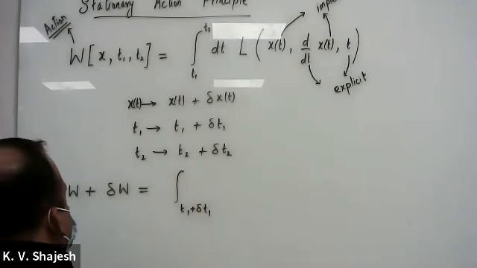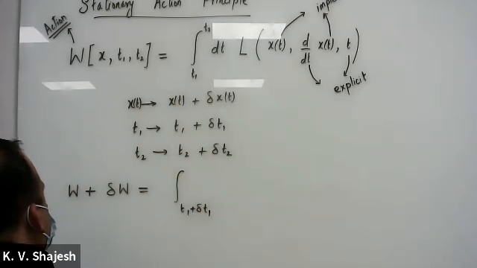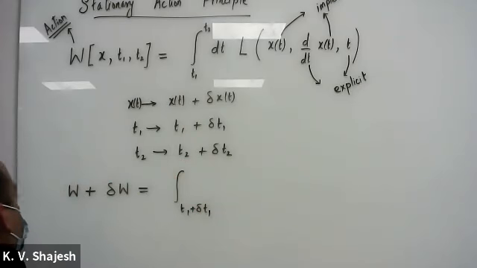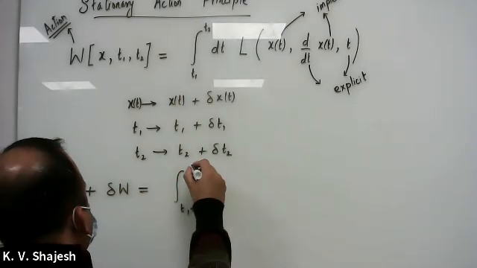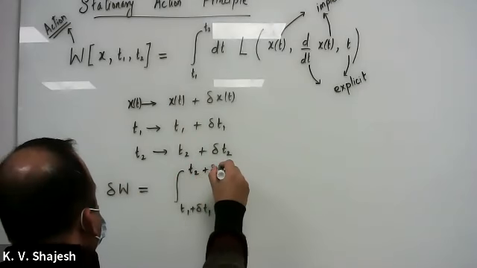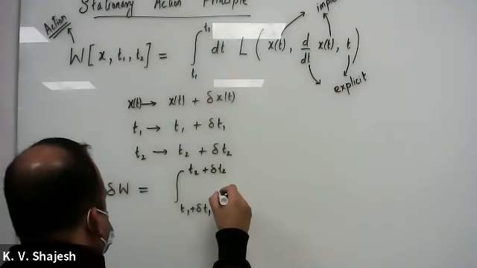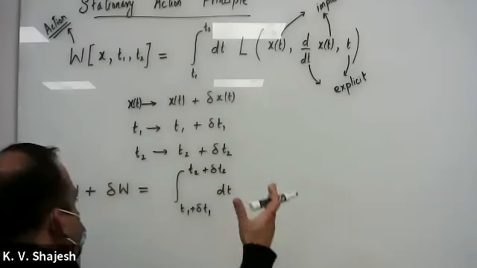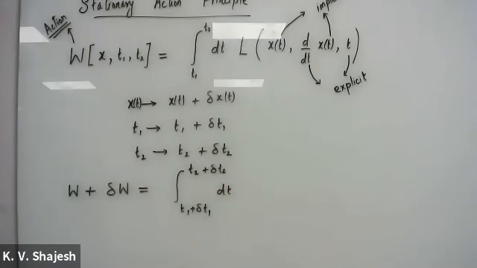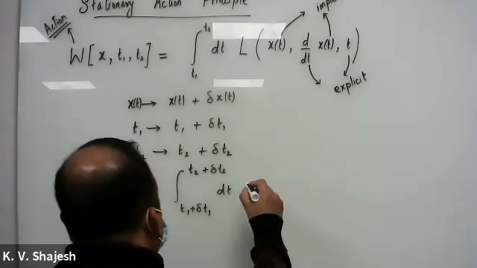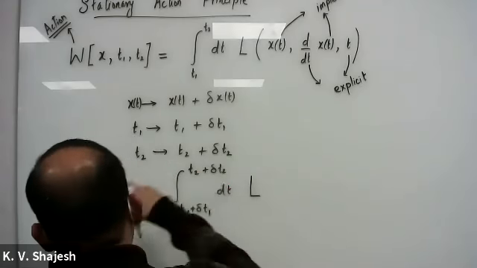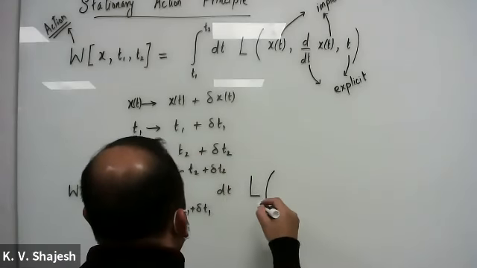Replace T1 by T1 plus delta T1, T2 by T2 plus delta T2. Notice time doesn't change, right? That's a dummy variable, the integration variable t, that doesn't change at all. And the Lagrangian changes except for the t, right? There is no change in time.